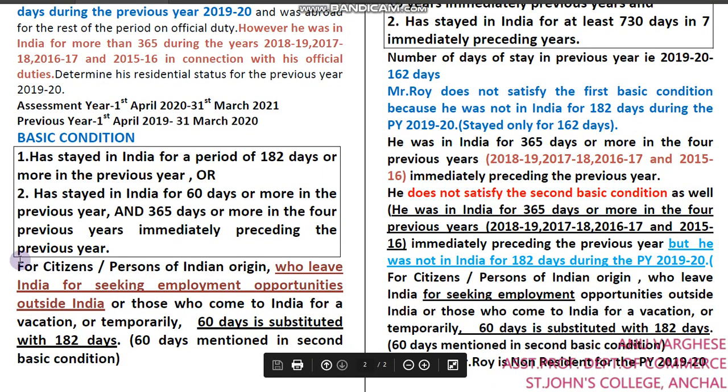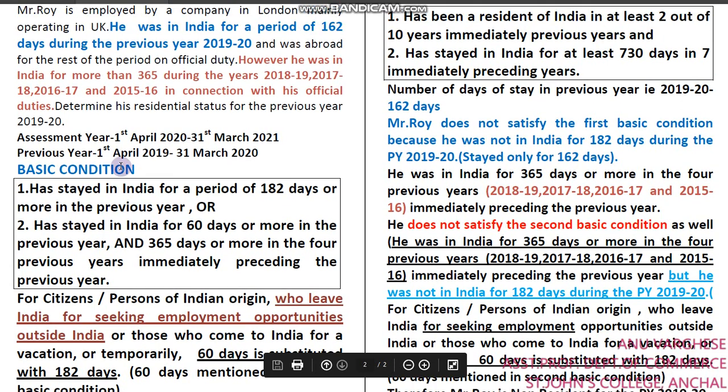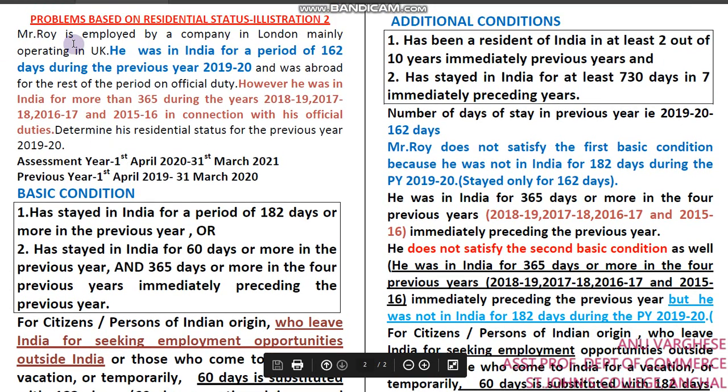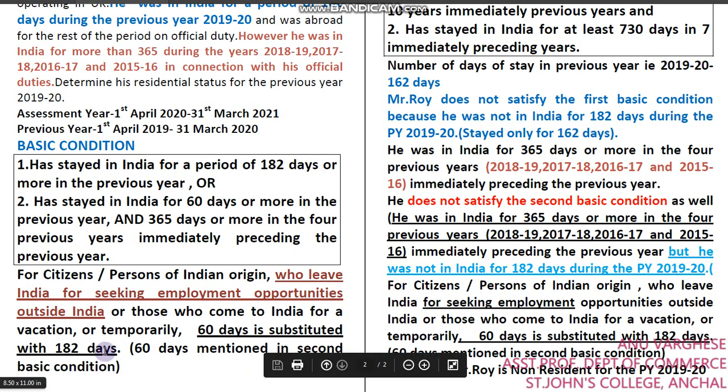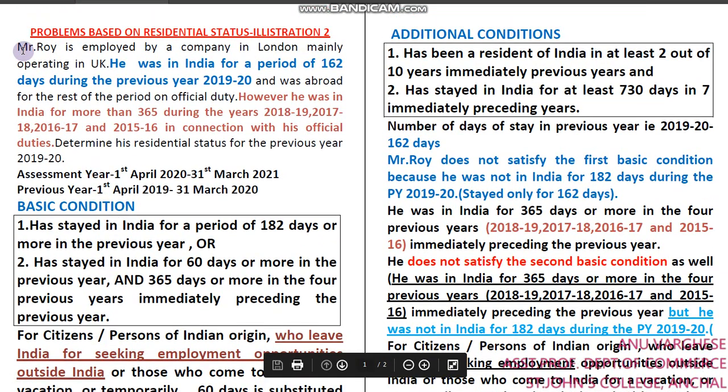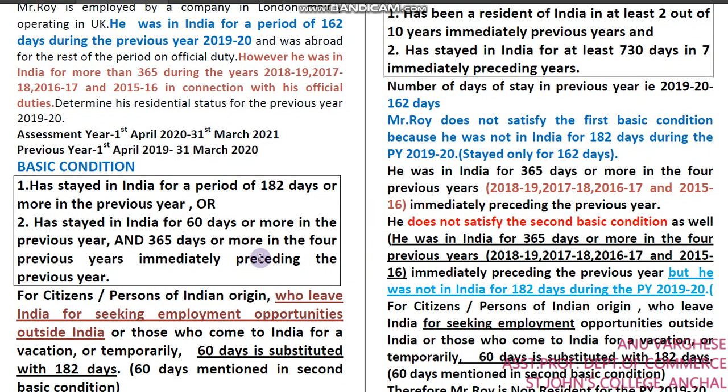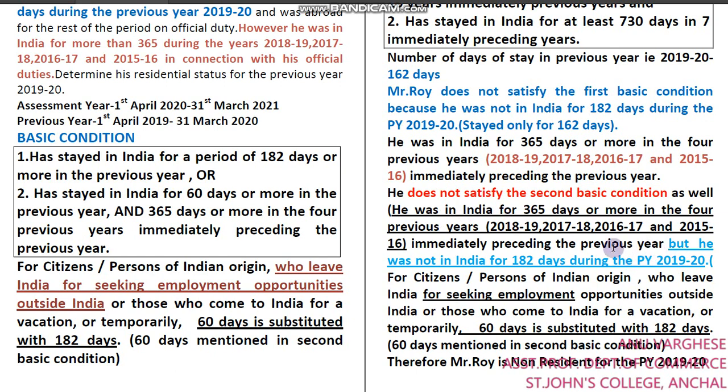We have already stated that there is an exception to the basic condition, that is, for an assessee, if he is working outside, the 60 days will be substituted with 182 days. So in this question, Mr. Roy is staying in India only for a period of 162 days. He is not staying in India for 182 days.